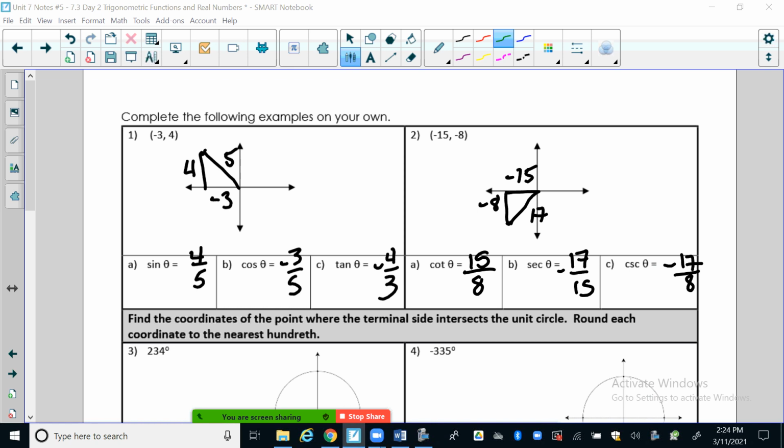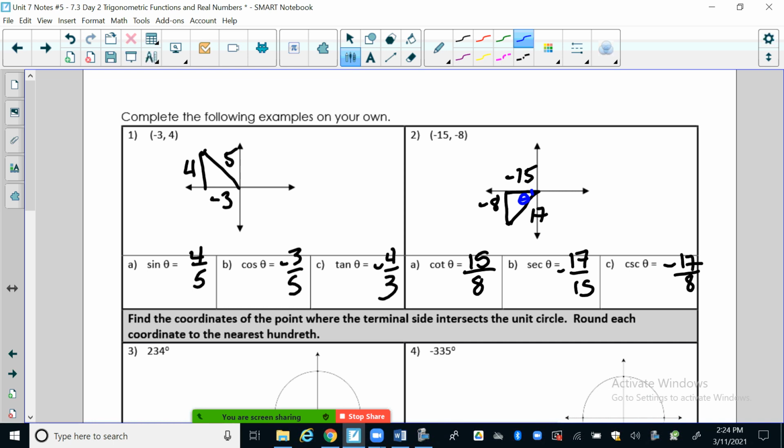There's a question in the chat that said, can we make the triangle with the y-axis? And the answer is no. You have to make the triangle with the x-axis because our reference angle has to be the angle that's made with the x-axis. If you're making your triangle with the y-axis, you're actually not using the correct reference angle.